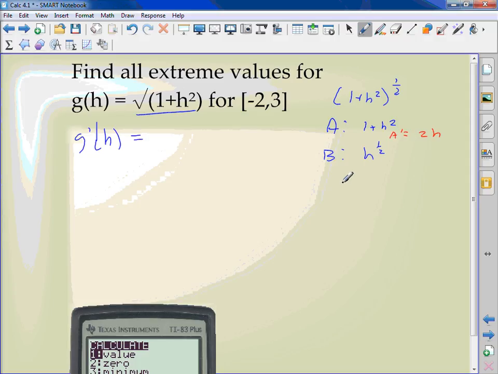The derivative here is 1/2 h to the -1/2. I replace my h with 1 plus h squared to the negative 1/2. Which, when I multiply this and this, what's 2 times 1/2? 1. I'm just left with h times 1 plus h squared to the negative 1/2.